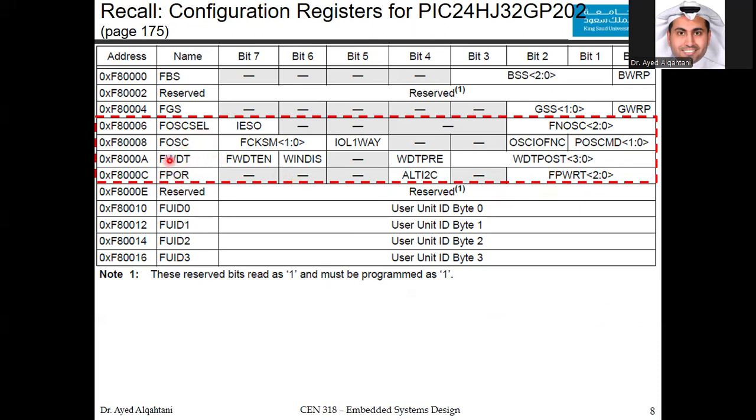Just to remind you, for the watchdog timer, we said there are two scalers. We have a pre-scaler and a post-scaler, and we also have the windowed mode, and we have this field that makes you choose whether you enable and disable the watchdog timer by software or it is always enabled by hardware.